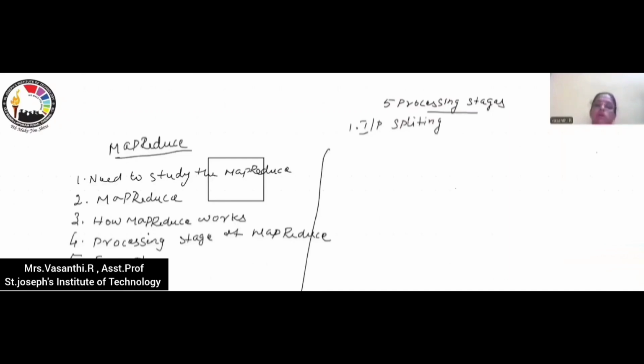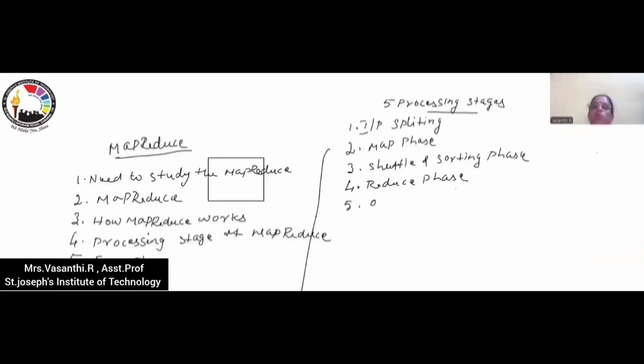Second one is map phase. Third one is shuffle and sorting phase. Fourth one is reduce phase. Fifth one is output.